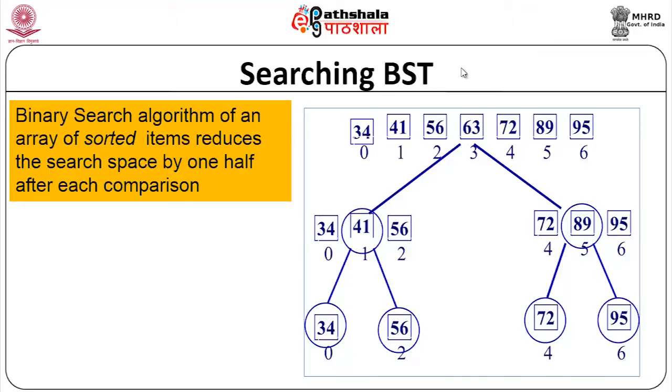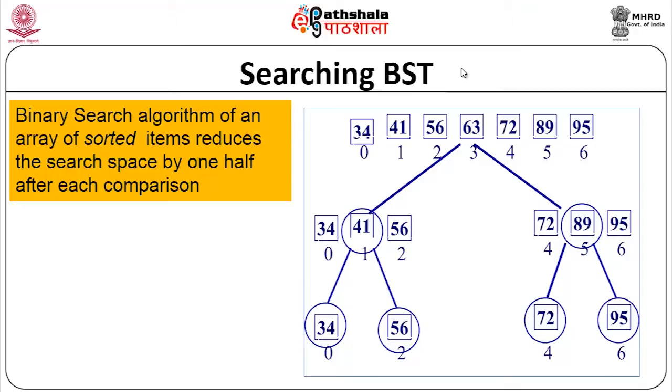Let us assume I want to search for a particular node. This is just for understanding of searching. I have the nodes 34, 41, 56, 63, 72, 89 and 95. I start with 63.